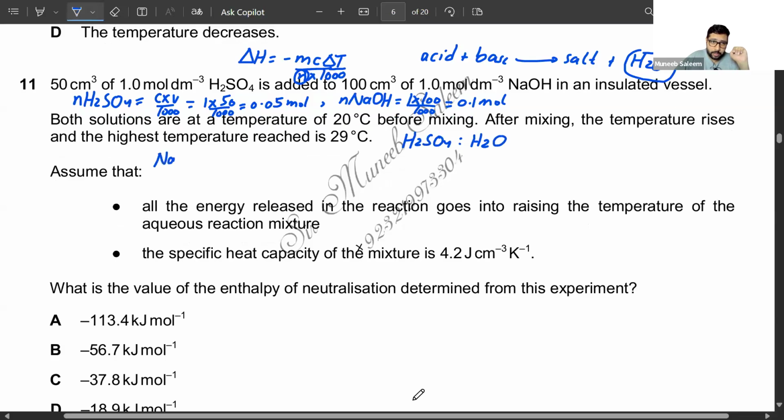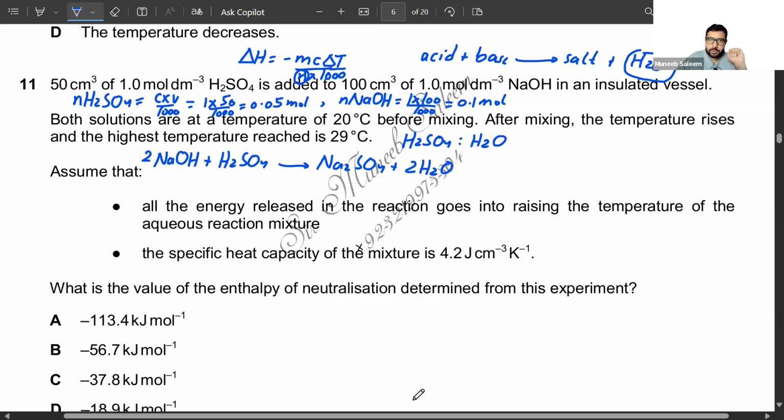The balanced equation of the reaction of NaOH with sulfuric acid has Na2SO4 as the salt plus water, and there are 2 moles of water produced. We have to put 2 over here. Now the equation is balanced.